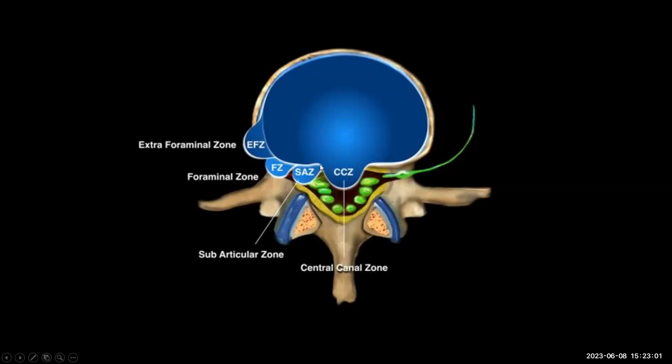So if it's paracentral to one side, you can say, in this case, right subarticular disc protrusion. Then if it goes more laterally, it's the foraminal protrusion, and it could be extraforaminal or lateral. So whilst the descriptives are important, you need to mention whether it's central, subarticular, foraminal, or extraforaminal, and each have their own connotations.